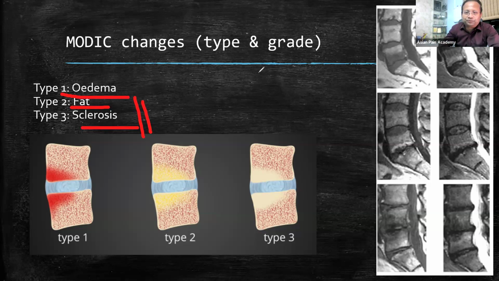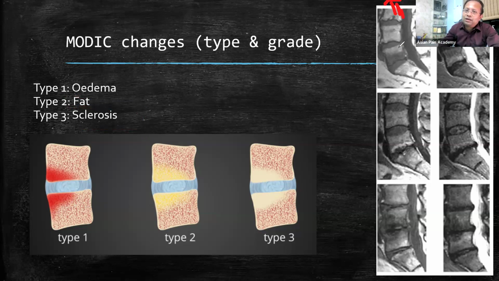So in MRI, in type 1, type 2 and type 3, what will you see? Here the left side is actually T1 and the right side is T2 sequence. You will just match the same area in both sequences.